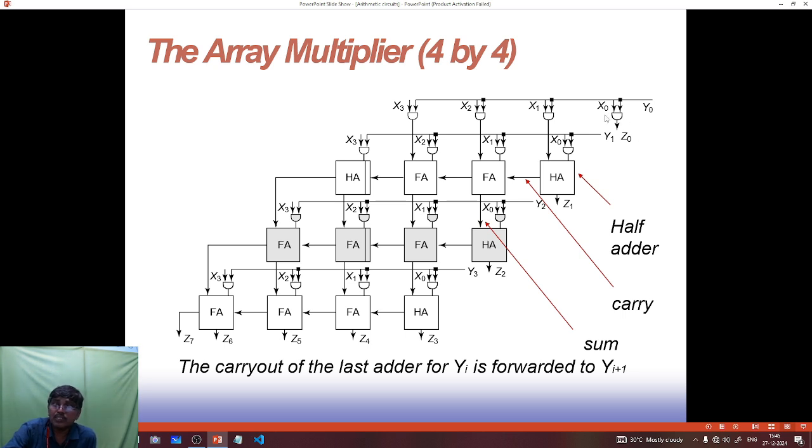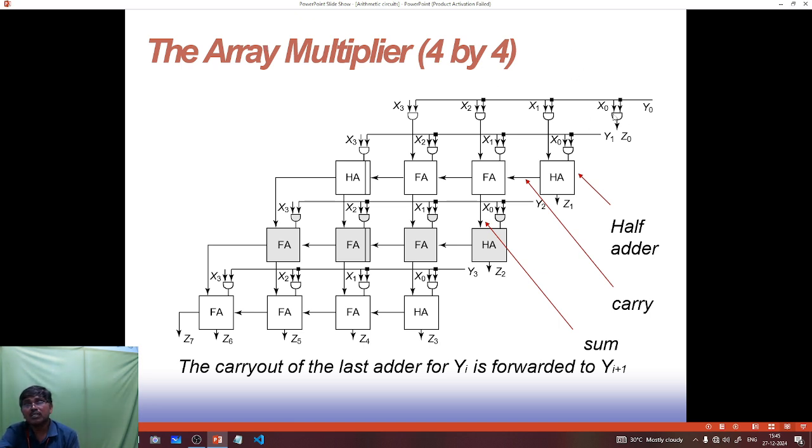This is an AND operation connected to an adder. Where there are only 2 inputs, it is a half adder; the extreme one will have 2 inputs, that is why it is a half adder. The remaining will be full adders. On the left-hand side, the MSB side, there is a half adder, and whenever 3 inputs are coming we have to connect a full adder, otherwise a half adder will be required.